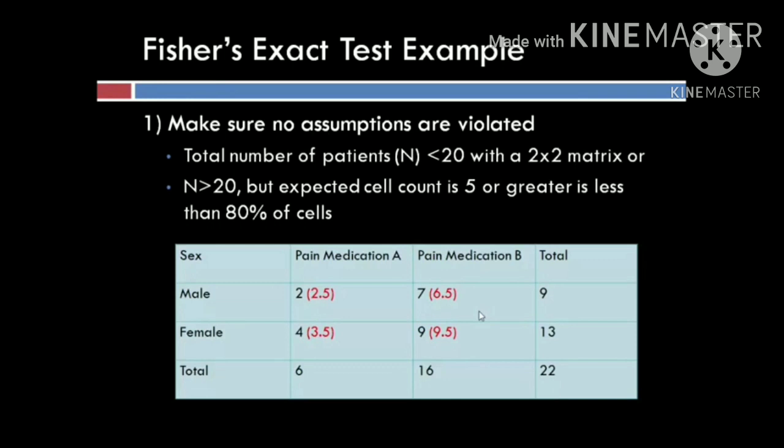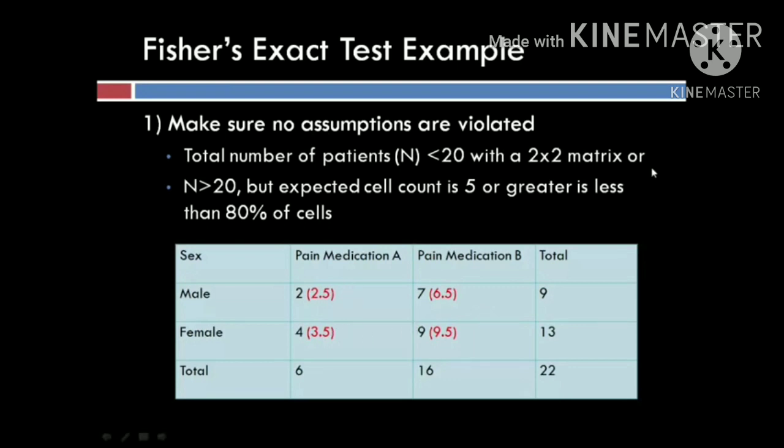So here I put the expected frequency. We calculate this expected frequency the same way that we do in chi-square. We have here the expected frequencies 2.5, 4.5, 6.5, and 9.5.